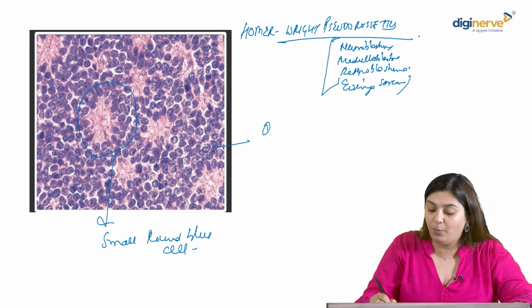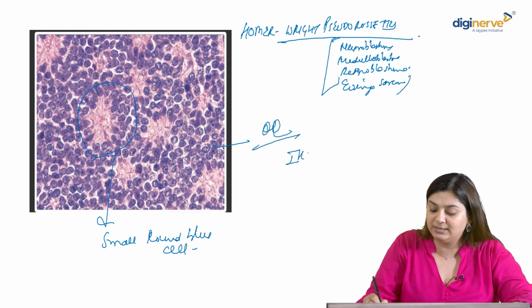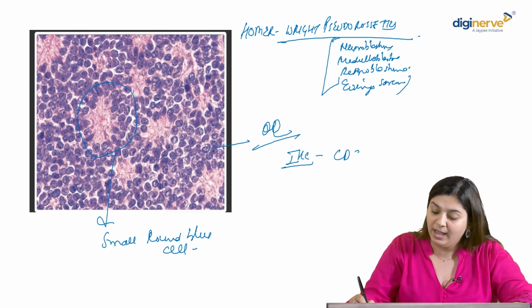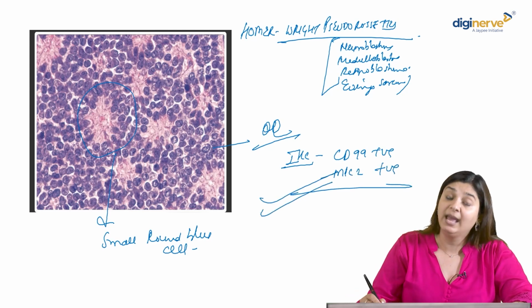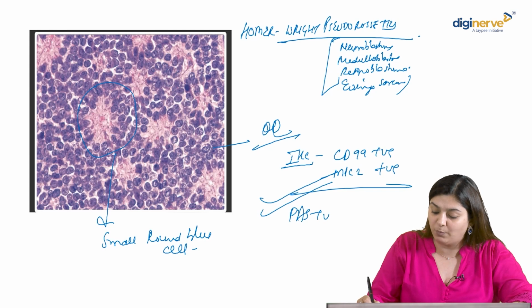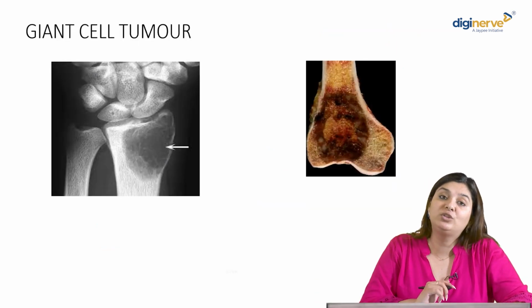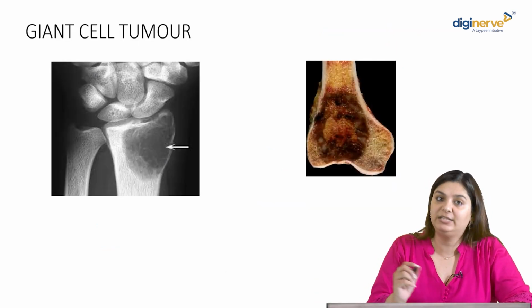Now a very important question: the immunohistochemistry marker for Ewing sarcoma is CD99 positive and MIC2 positive. Very important. It is also PAS positive in the stain because it contains glycogen. Now we move to the next condition, that is giant cell tumor.